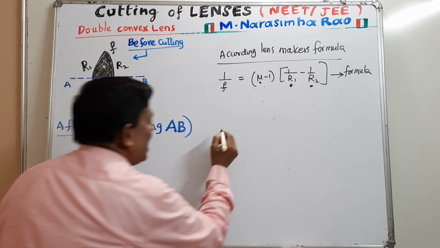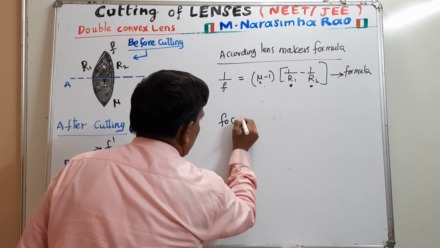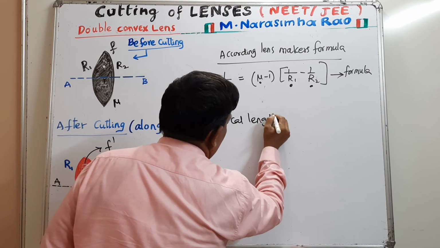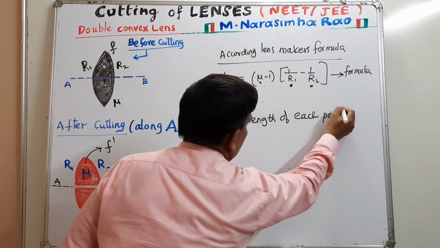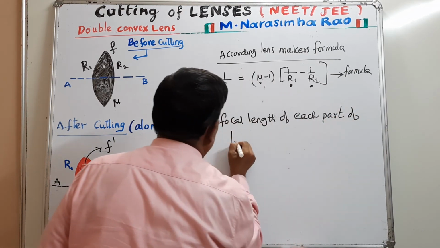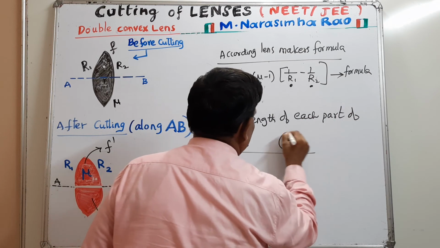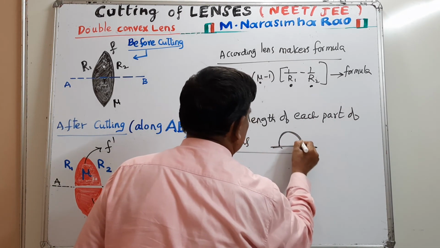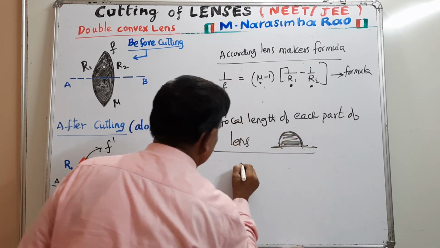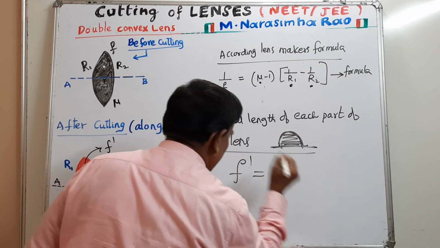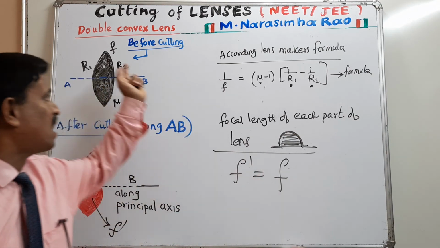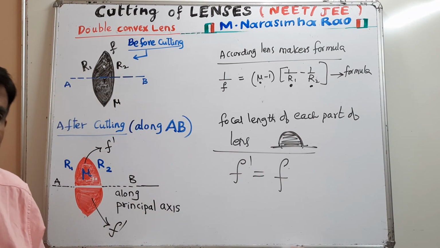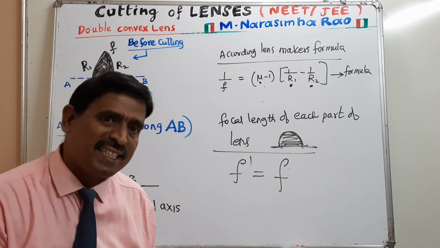Focal length of each piece of the lens, f dash, is equal to f, the original focal length of the convex lens. Focal length does not change.